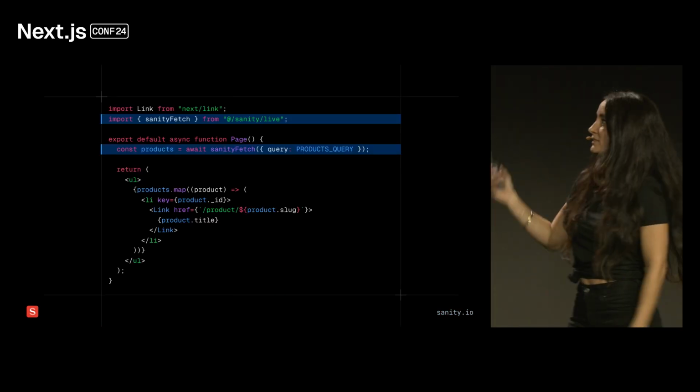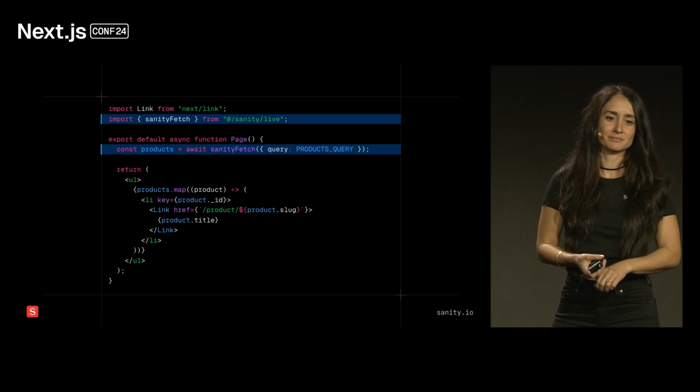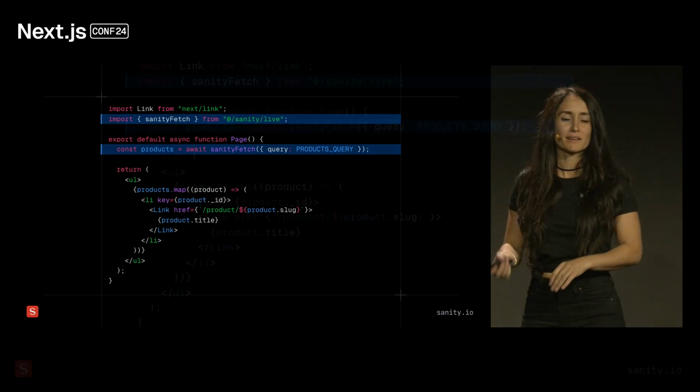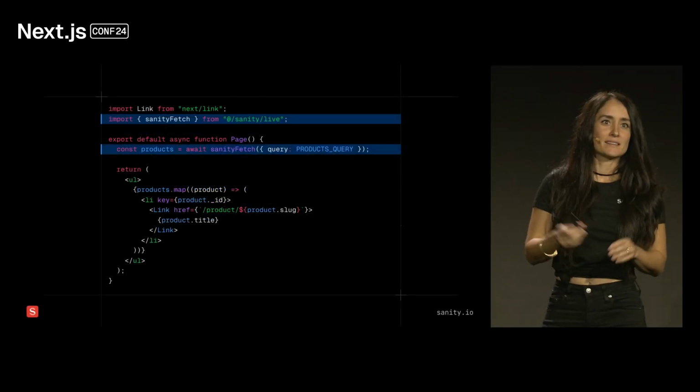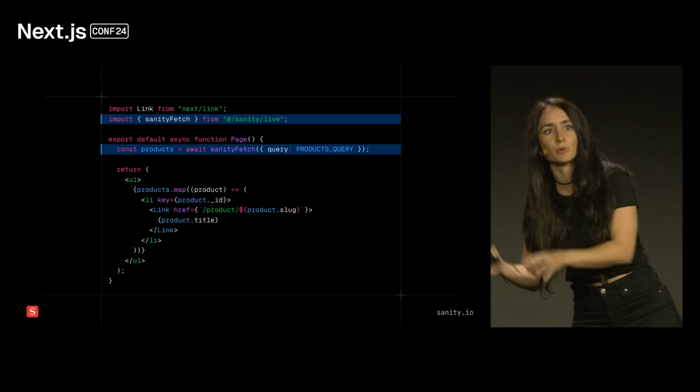So we made it this simple. We made live updating fetches as simple as a regular fetch. The same content source that powers your blog and your marketing pages should be able to power fast-moving content like product information or breaking news.